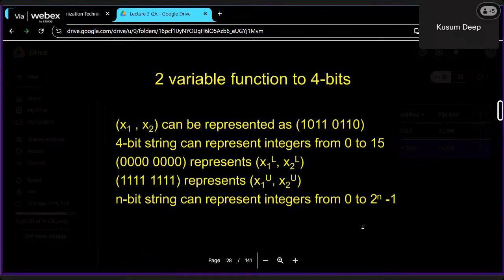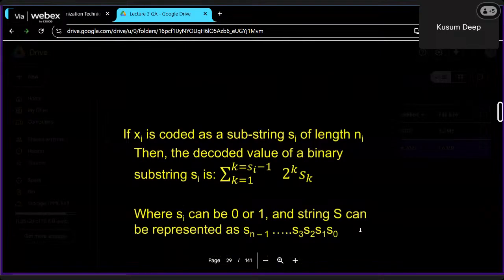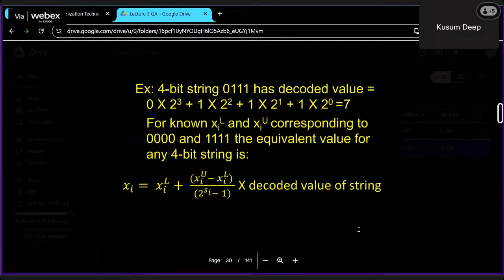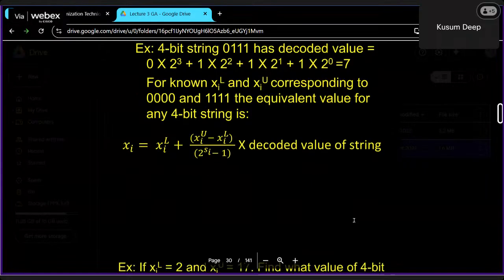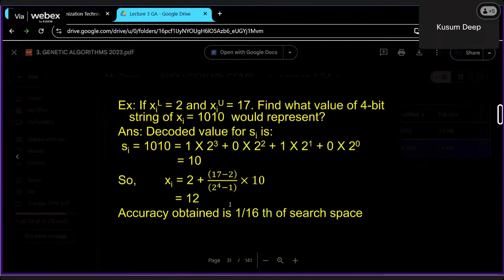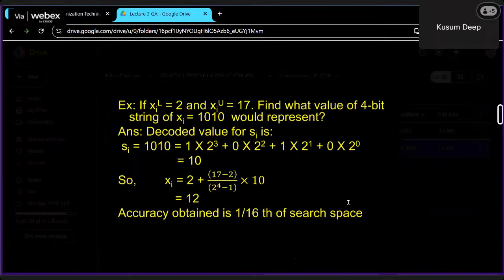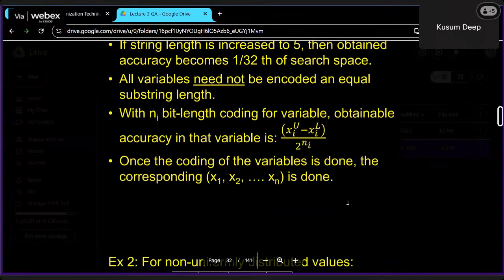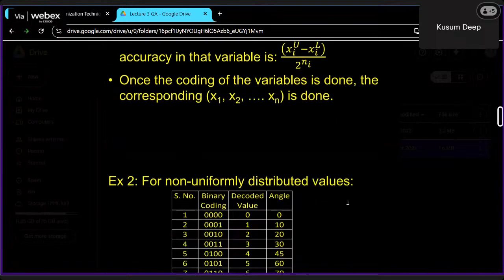And similarly, the concept can be extended to a 2-variable problem, and how we can map the lower limit and the upper limit of the binary to the decimal. And that's how we can create a mapping rule, which can take all the points in the domain to the binary space. And this could be done for different variables in a chromosome.